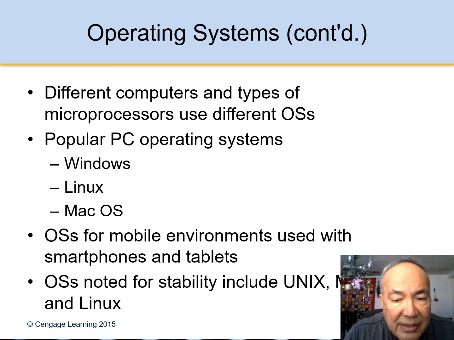So there are different computers and types of microprocessors used by the OS. Now we have Windows, Linux, and the Apple one. These are the three system softwares available in the market right now.